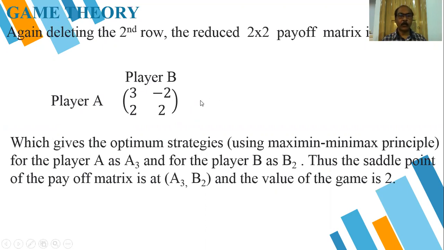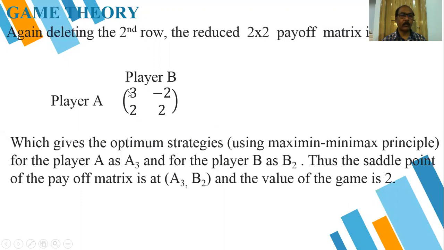But we can see A3 B2, we can see that the value of the game is 2. What is here? Minus 2, 2. The maximum is 2. Or in this case, 3 and 2, the minimum is 2.